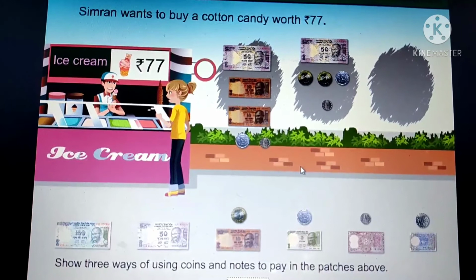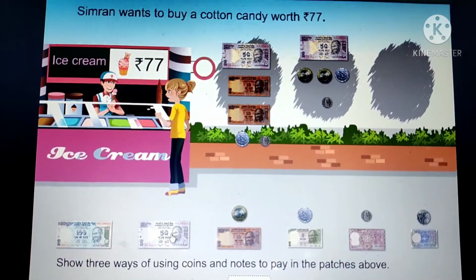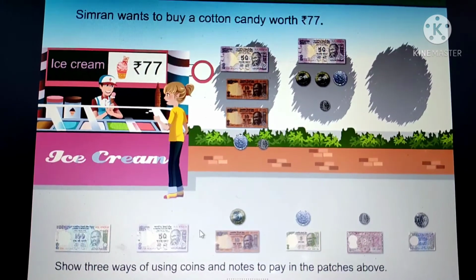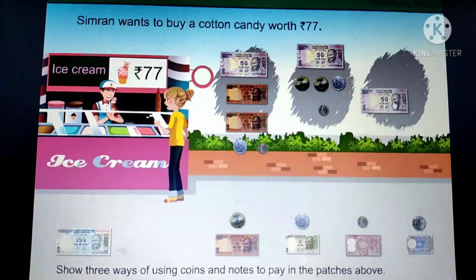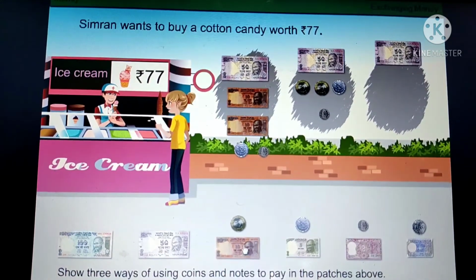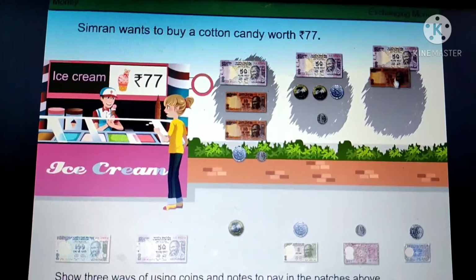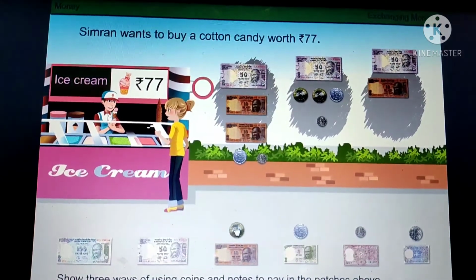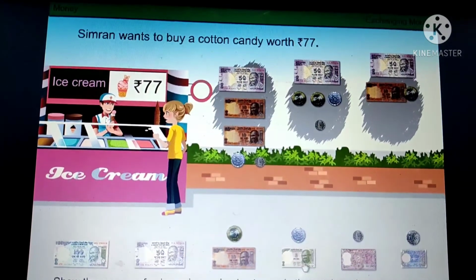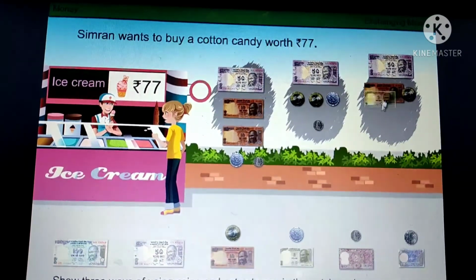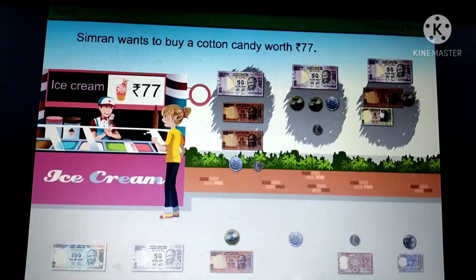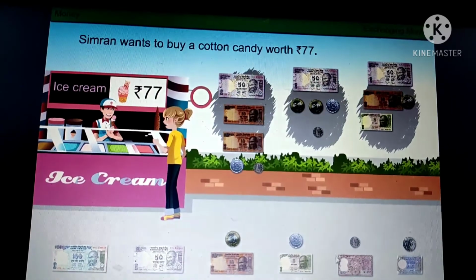The third way is 1 note of 50 rupees, 1 note of 10 rupees, 1 coin of 10 rupees, a note of 5 rupees and a 2 rupees note.